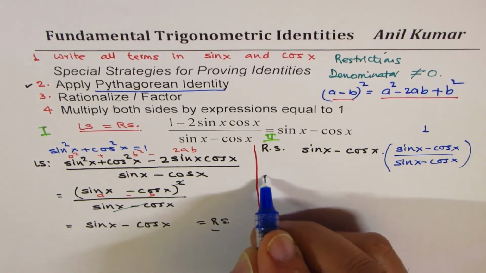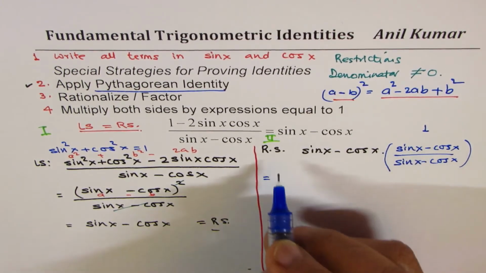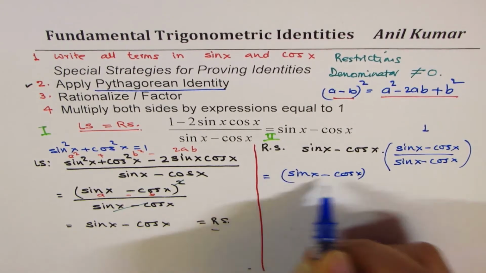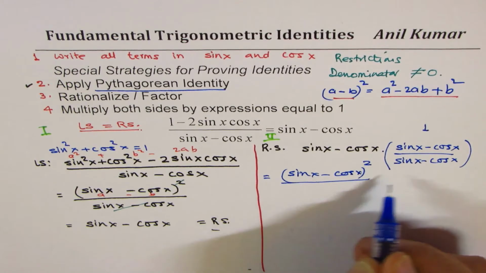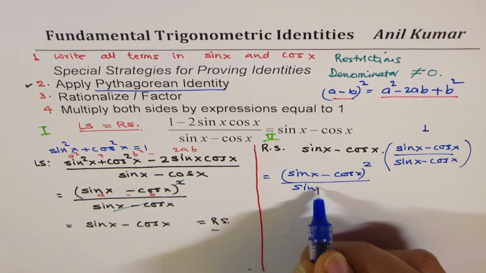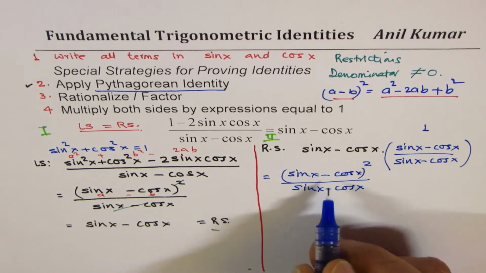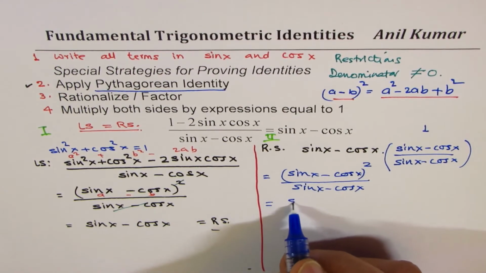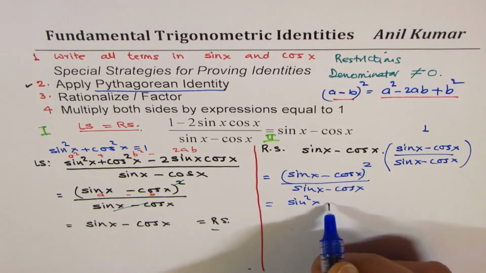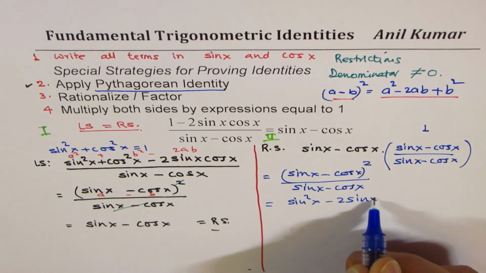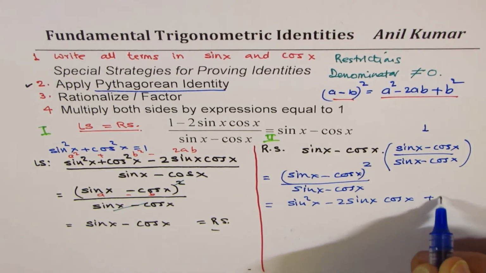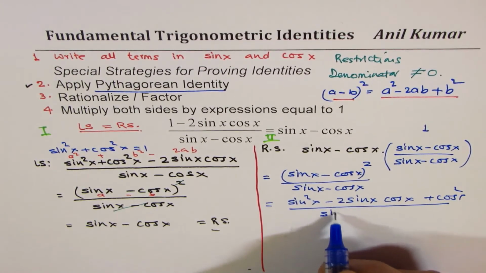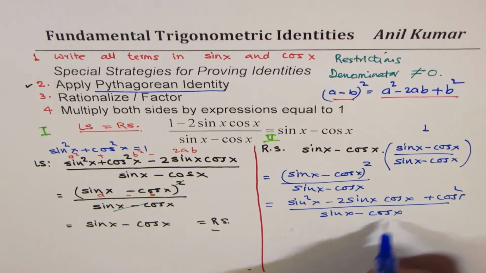Let's see how. We could write the numerator now as (sin x minus cos x) whole square, and in the denominator, we have our term sin x minus cos x. Let us expand the numerator using this formula. We get sin square x minus 2 sin x cos x plus cos square x. The denominator is sin x minus cos x.